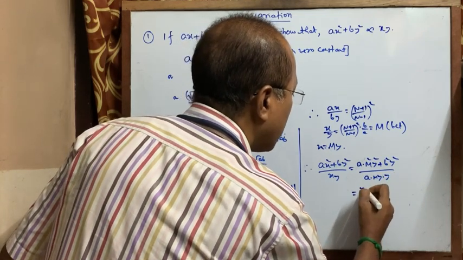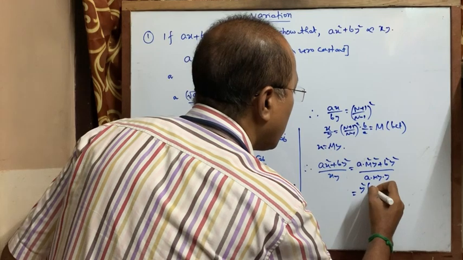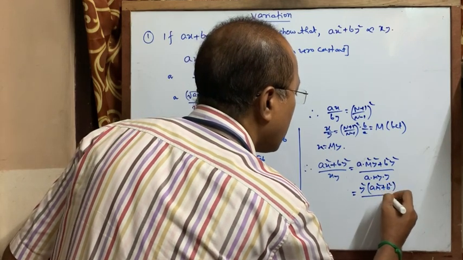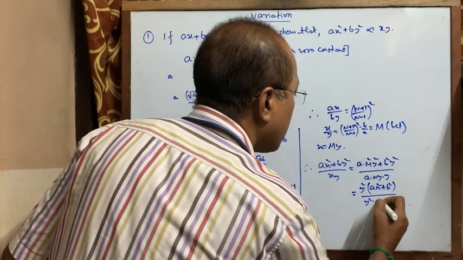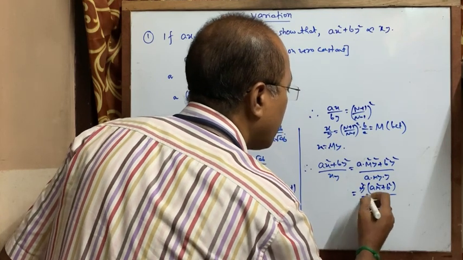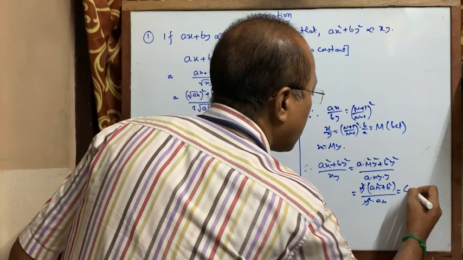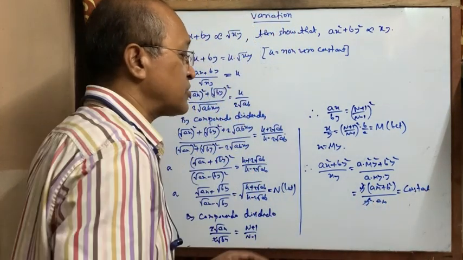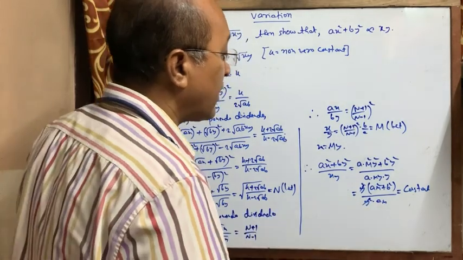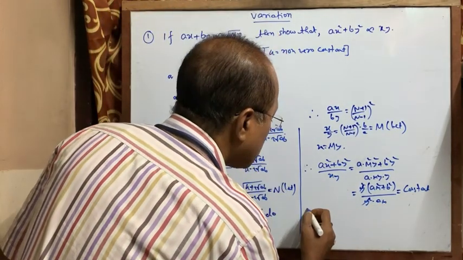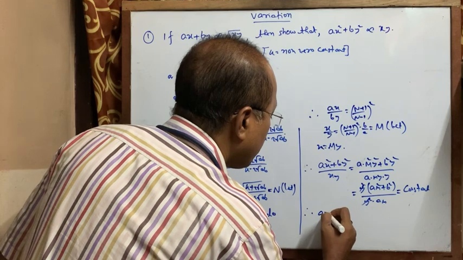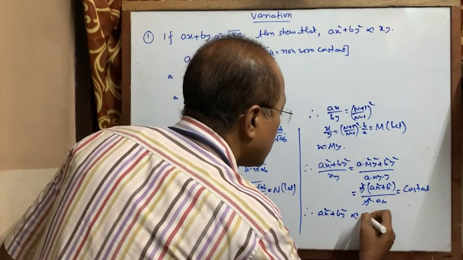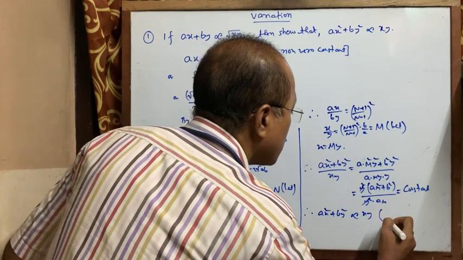Ultimately, taking y square common, it becomes y square (a m square plus b) over a m y square. Now this entire term is constant because y square gets cancelled. Therefore we can write ax square plus by square is proportional to xy.